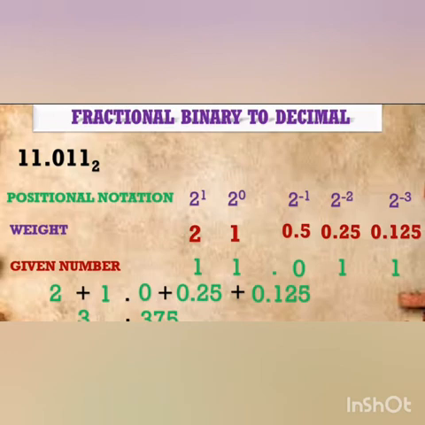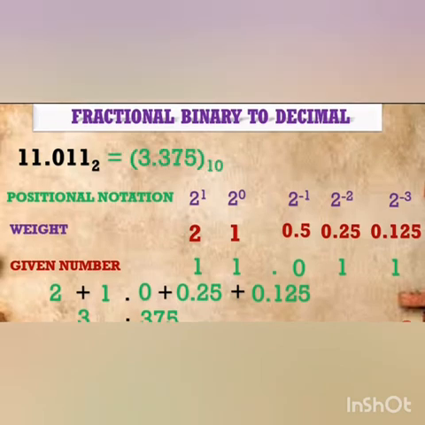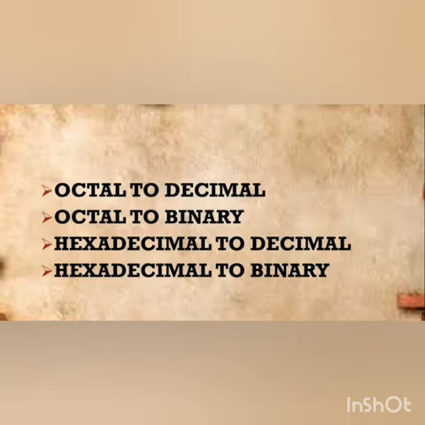So the fractional binary number 11.011 base 2 has the equivalent decimal value 3.375 base 10. The base value we should write. So the final value is 3.375 base 10.